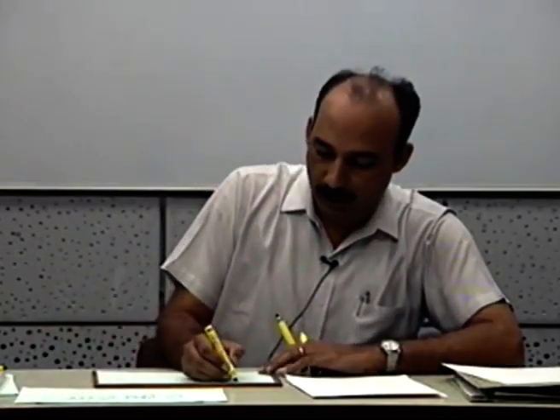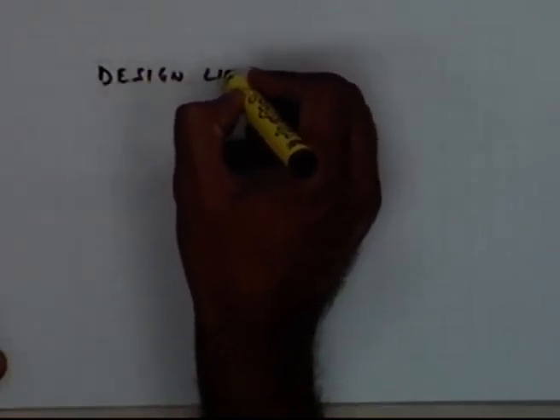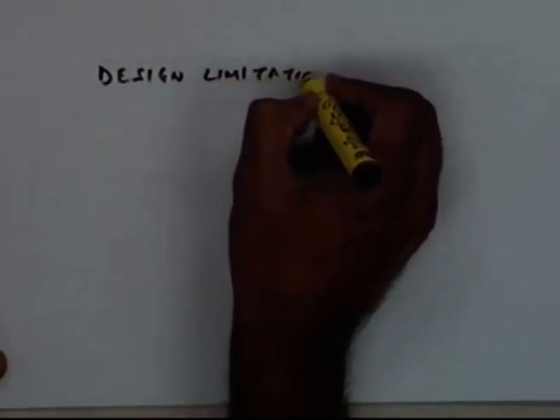The design will also involve checking these parameters, checking these values, whether these values are within the permissible range. So you should also look at the design limitations, and these limitations are in the form of checks.